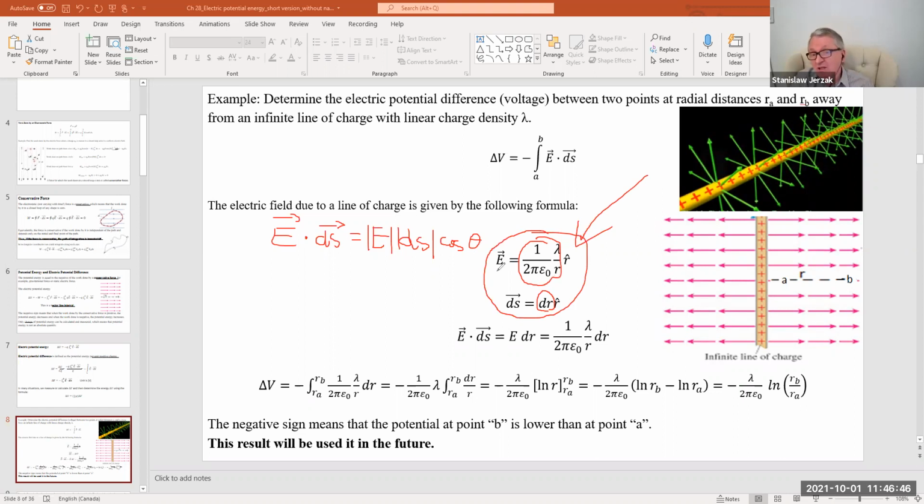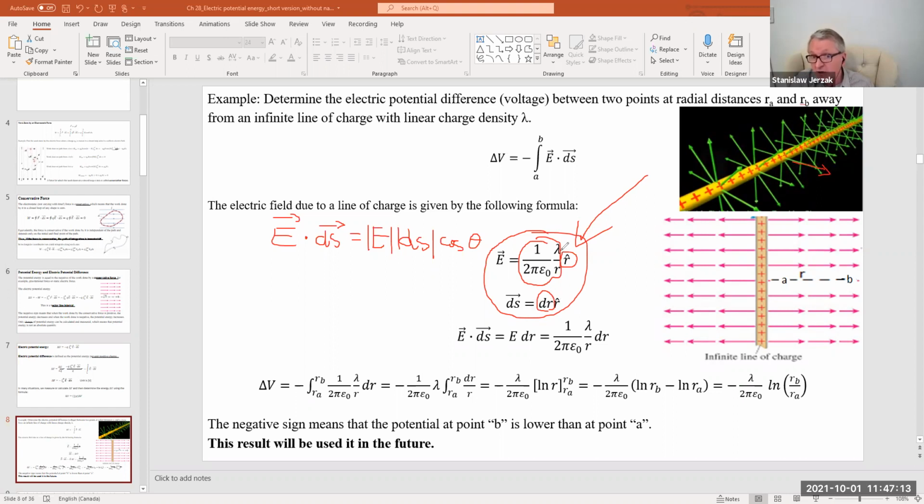You see what I did: I have written the electric field as a vector. Electric field is a vector quantity. It has magnitude and direction, and that unit vector represents just the direction of the electric field. This unit vector is in the radial direction, and because the integration will be done along the radial direction as well, I have written the displacement also as dr r hat, also in the radial direction.